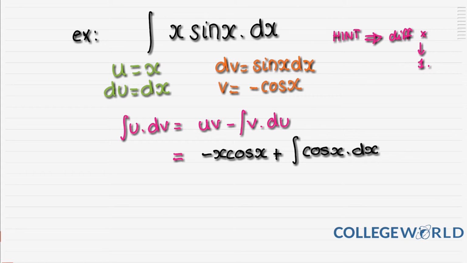We know how to integrate cosine because if we differentiate sine, it will give cosine, so this is sin x. In other words, our answer is minus x cos x plus sin x. And never forget your plus c when you're done with integrating. And that will be your answer.